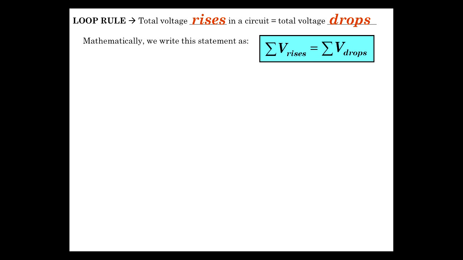Namely, the sum of the rises across each element is the sum of the drops across each element. Some elements will be a rise, some will be a drop. So we'll go through this. Another way to say this is that as we navigate a circuit, the total voltages added up algebraically equals 0.